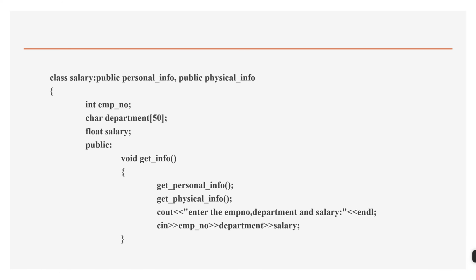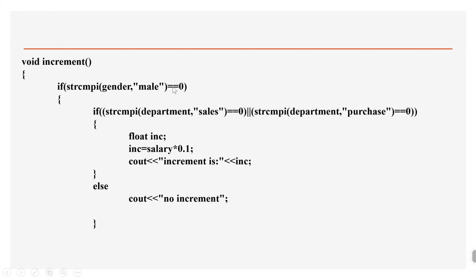So if the gender is female, and if the department is sales or purchase, then the increment should be 11%. There's a slight modification required on this particular program.